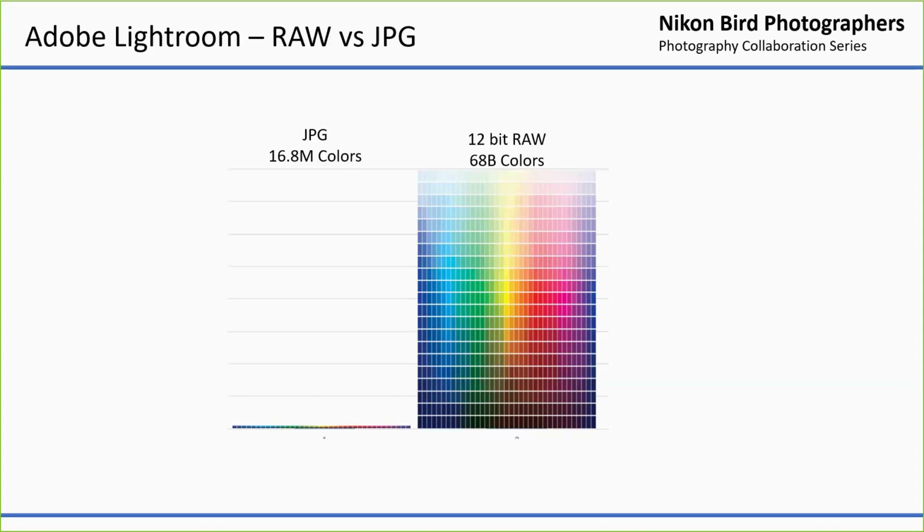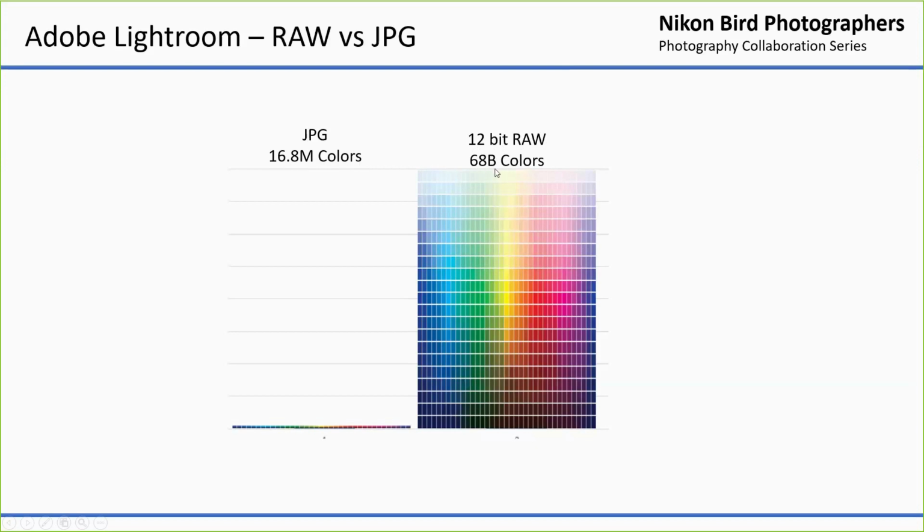If you're going to do post-editing with a product like Lightroom, Lightroom is able to edit the RAW files from your camera, and RAW files hold a lot more information. JPEG files, which we eventually all share on Facebook, have 16.8 million colors. 12-bit RAW, which is what my camera does, and some folks' cameras do 14-bit RAW, but 12-bit RAW has 68 billion colors.